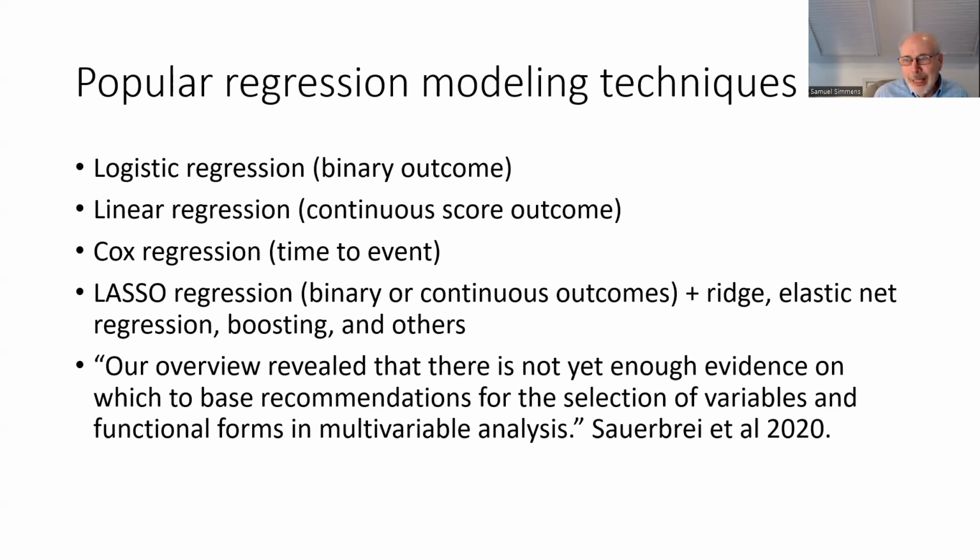I do end the slide with a quote from a recent literature review that covered, among other things, multivariable modeling and selection of variables. You'll see from the quote that they basically say, who knows? We don't know what works better. I think the quote is a little bit too pessimistic.